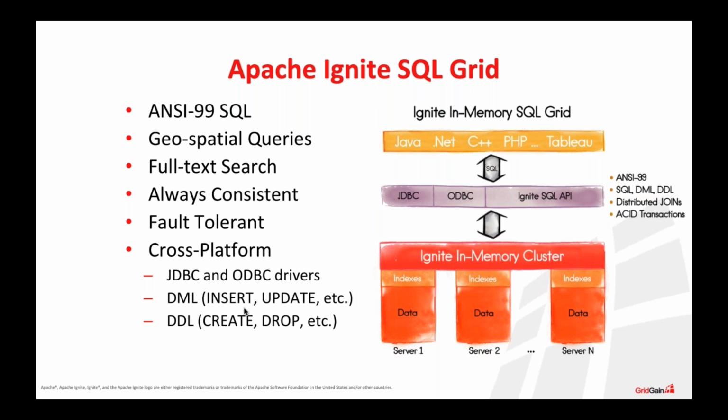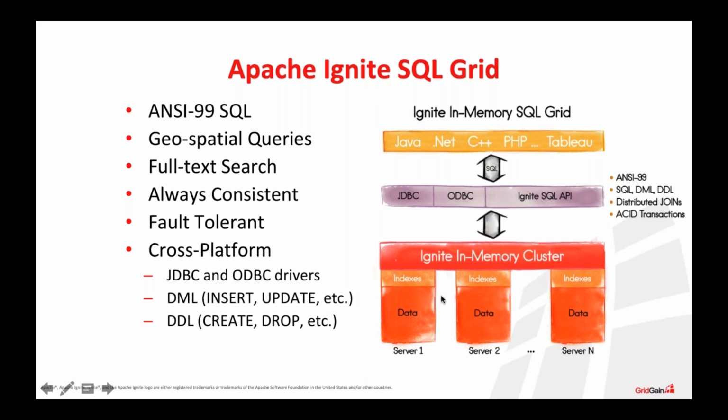As for the APIs, how you can access and work with the SQL Grid. If you take a look at this picture, SQL Grid is just an additional component built on top of our cluster, on top of the memory data grid. The only difference is that once you enable SQL Grid and define your SQL schemas, every node in the cluster will store indexes close to the data.